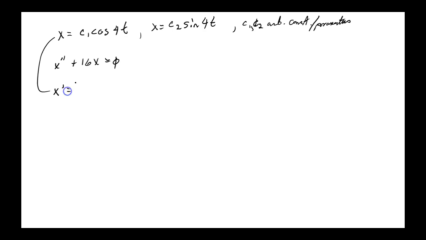So x prime would be equal to, certainly got a C1 in it, a 4 C1, and a sine 4t in it, with a minus sign, because the derivative of cosine is minus sine.